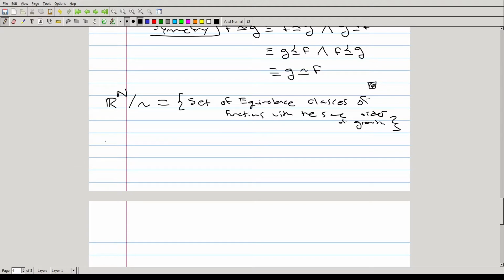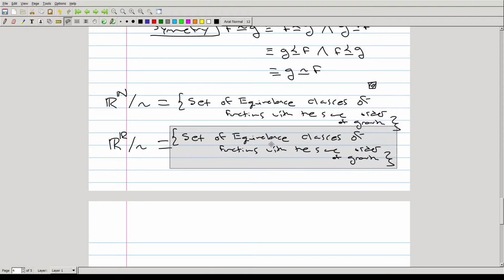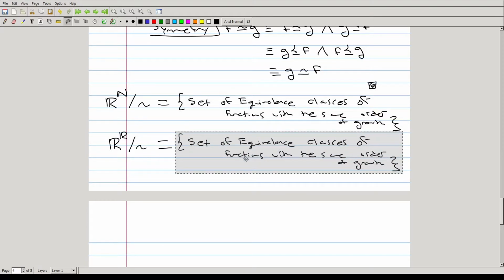Same thing if you consider, say, the set of functions from R to R, mod this equivalence relation. And what this is saying is that if you can show that two functions have the same order of growth, then they're essentially equivalent to one another under this equivalence relation.